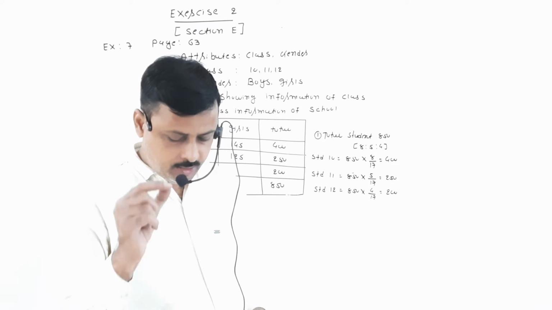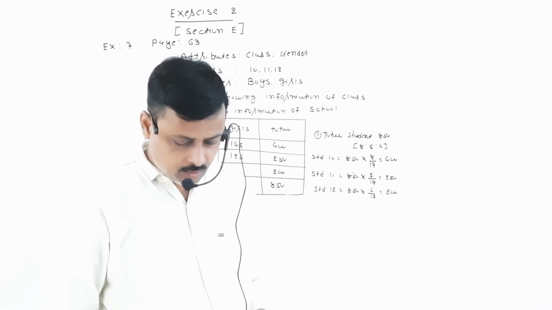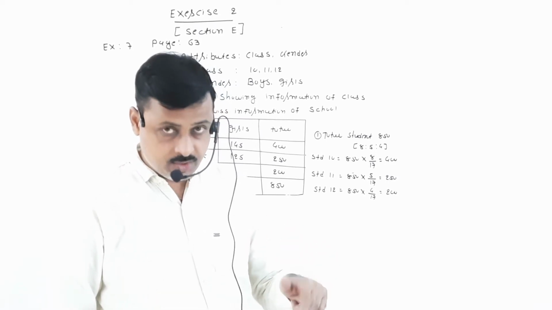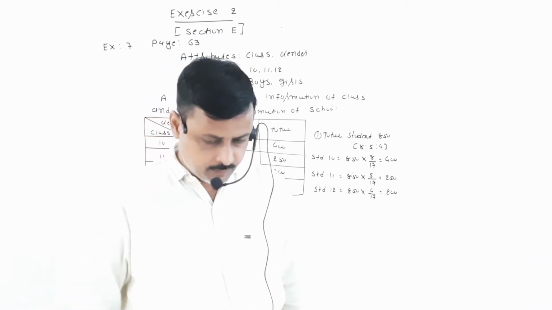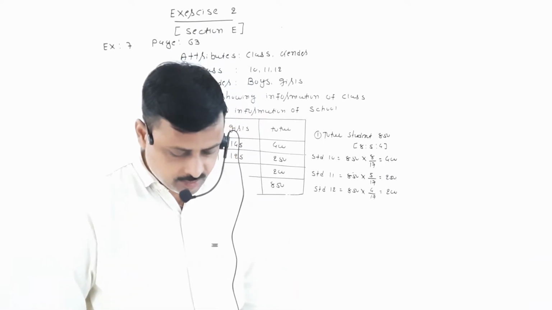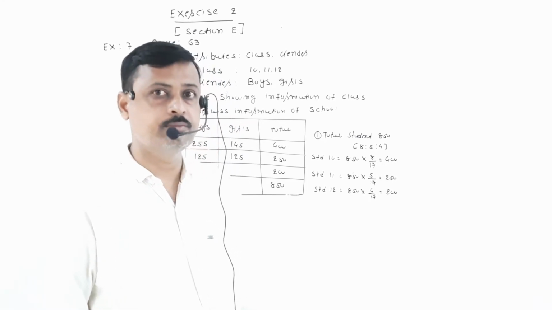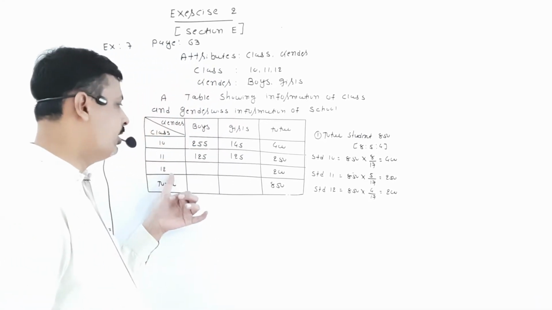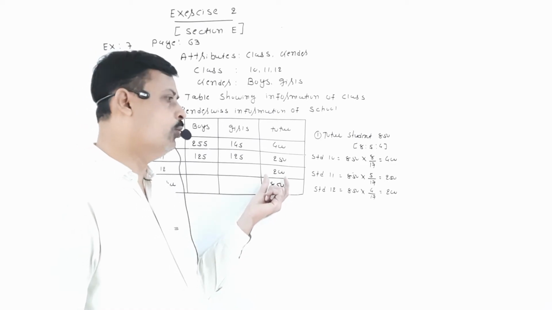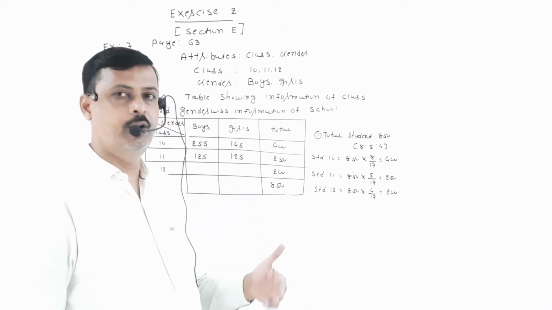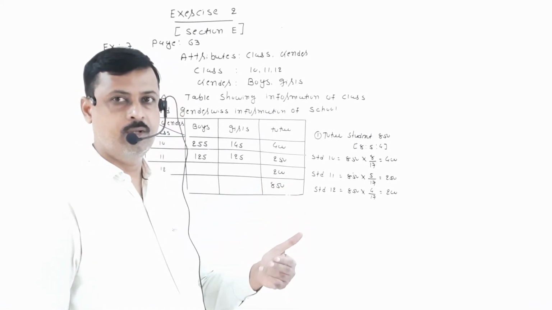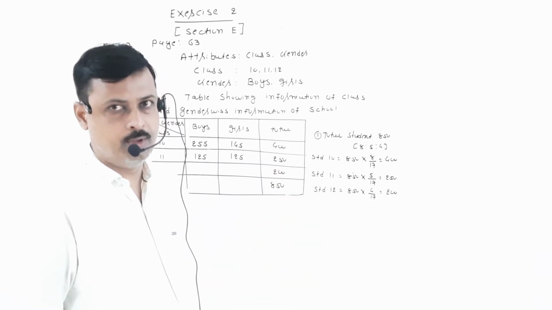Now, in standard 11, boys and girls are equal, 125 each. In standard 12, the number of boys is 3 times the number of girls. In standard 12, total students 200, but the number of boys were 3 times the number of girls.